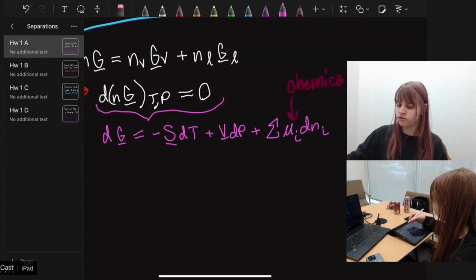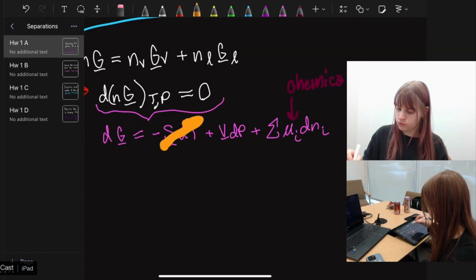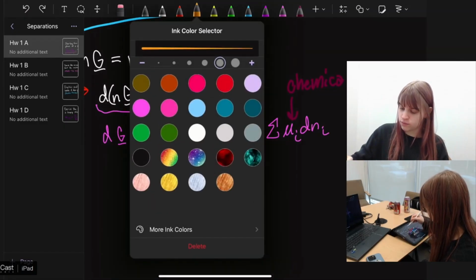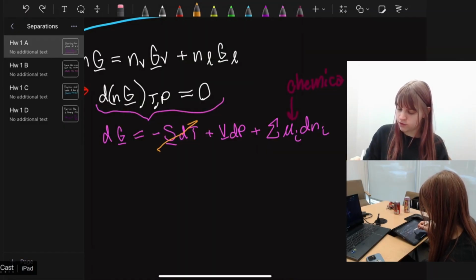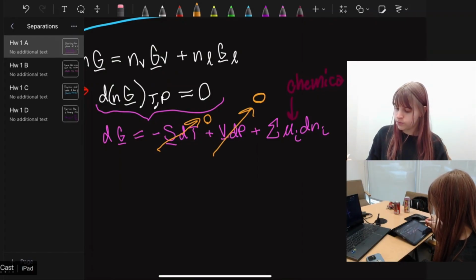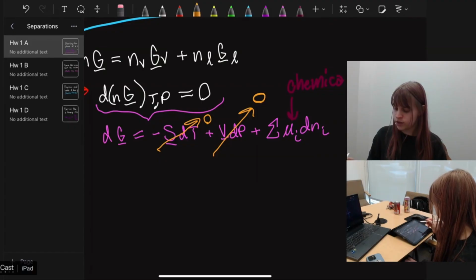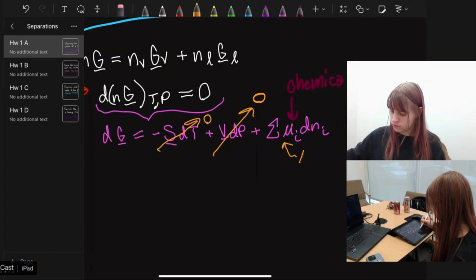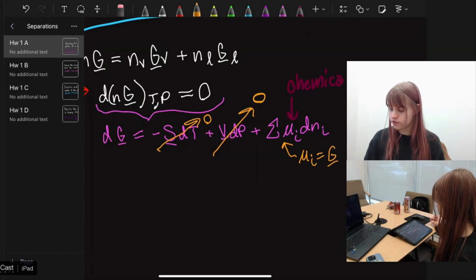So at a constant temperature and pressure, this goes to 0, this goes to 0, and because this is a pure component with ideal conditions, this is equal to the Gibbs free energy for this component.